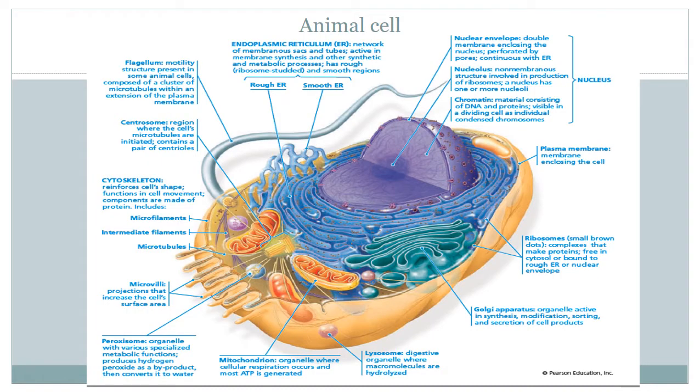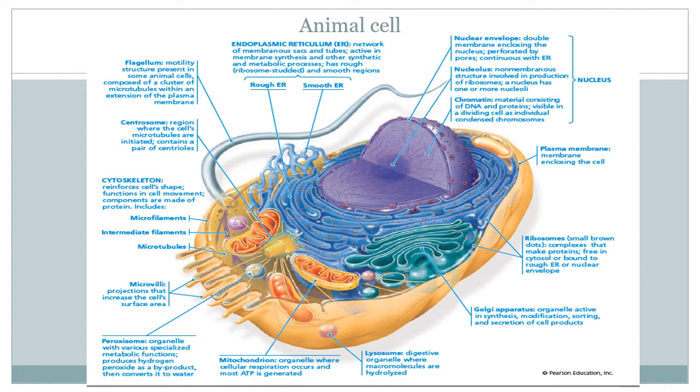When you look at the animal cell, you'll find the plasma membrane enclosing the cell, ribosomes which are free within the cytosol, and some bound to the rough endoplasmic reticulum and the nuclear envelope.